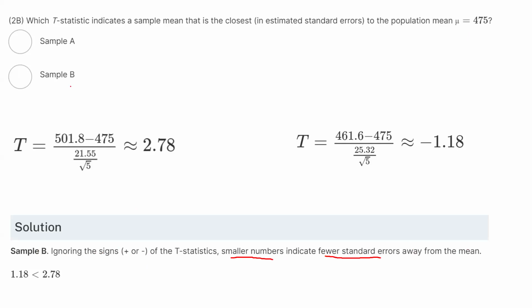So the answer is sample B. Because again, it has a smaller deviation. It is closer to the population mean because 1.18 is less than 2.78. 1.18 is for the second sample, sample B.